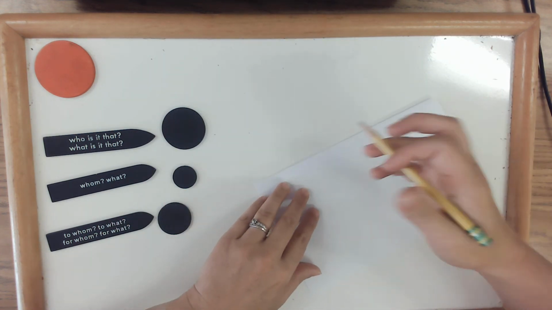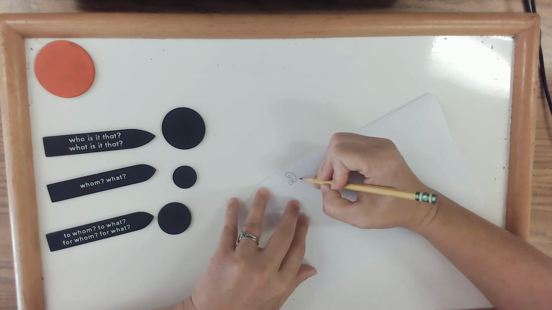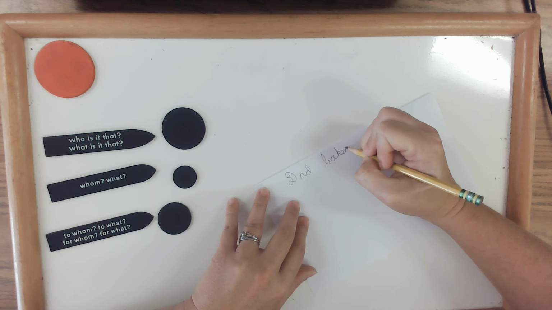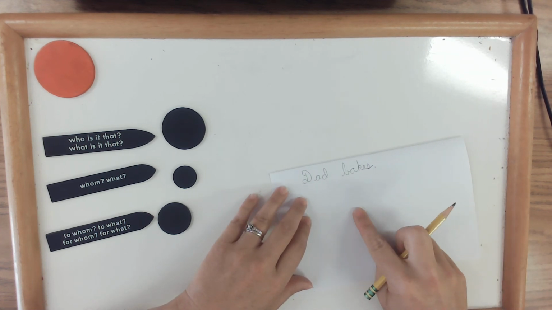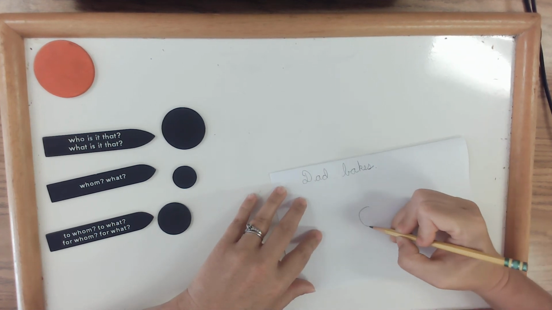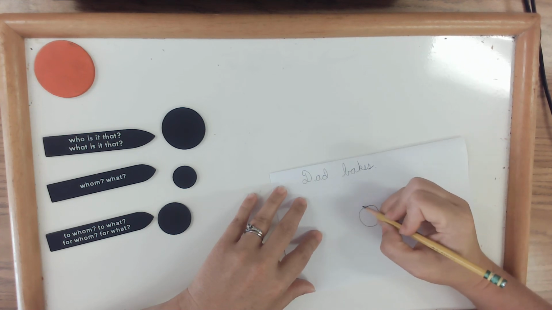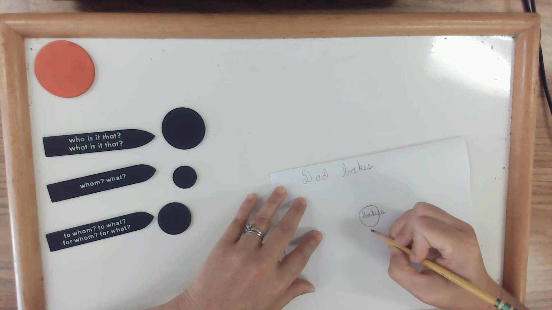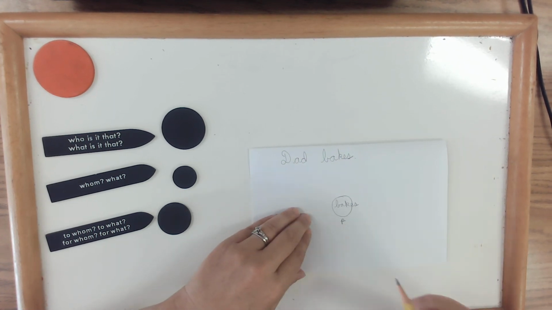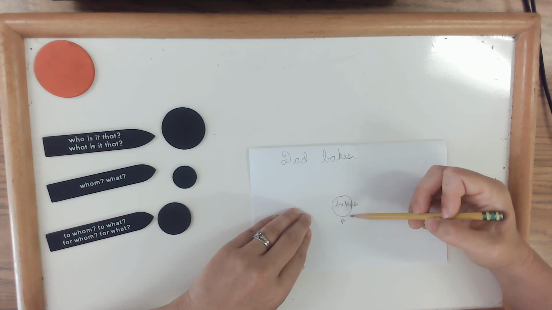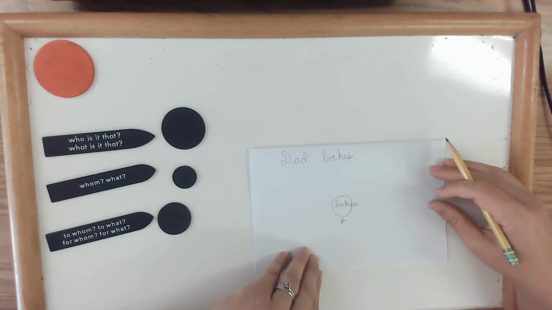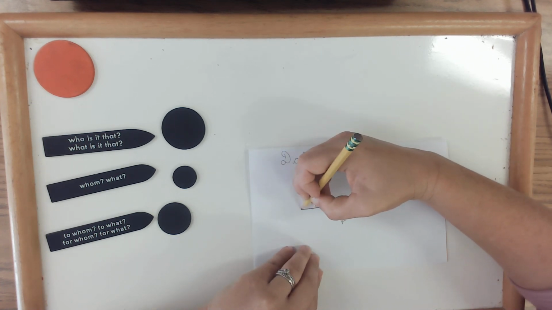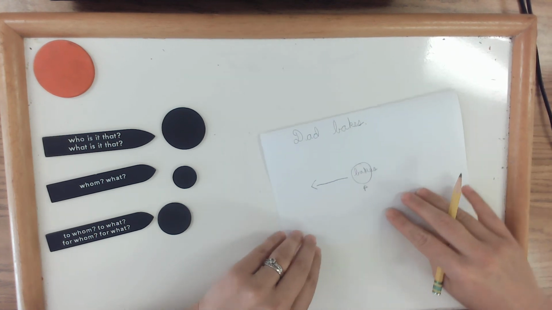So I'll start off with Dad bakes. And I remember that bakes was my predicate. It went on my red circle. I'll write bakes on my red circle. I'll put a P underneath of it for predicate. I would color this circle in red. If you have a circle you can trace, that would be even better. We have templates in the classroom, but for at home, you can just draw regular arrows and circles.